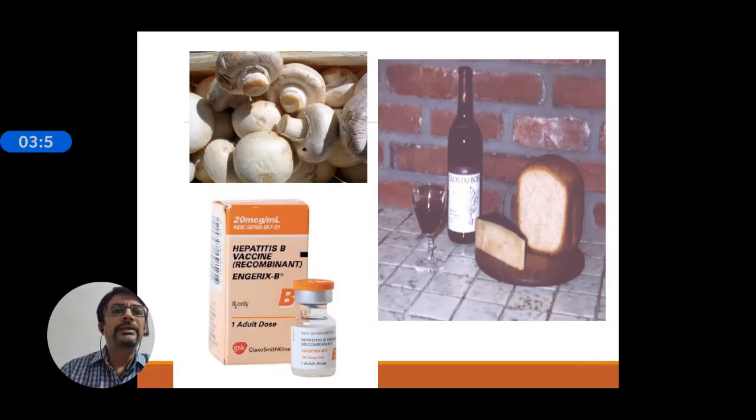And this vaccine, if you see, is a vaccine for hepatitis B virus, but it uses Saccharomyces cerevisiae yeast as a vehicle to express the DNA or the gene of hepatitis B, and the vaccine is produced by recombinant DNA technology. So these are the uses of fungus.